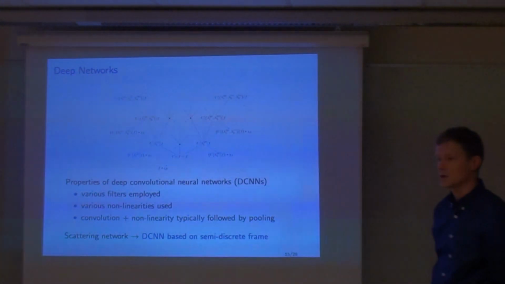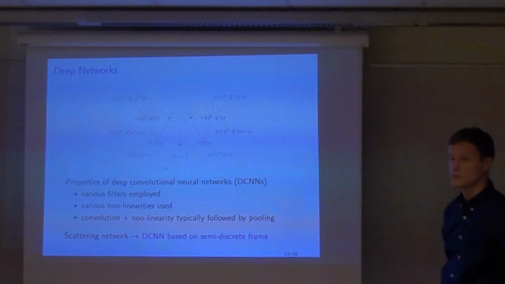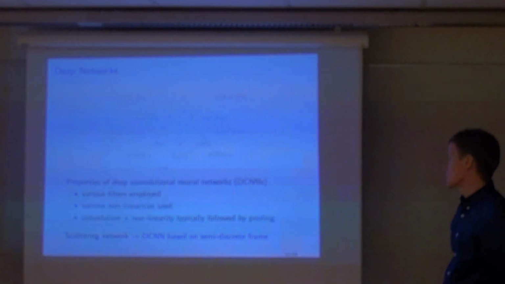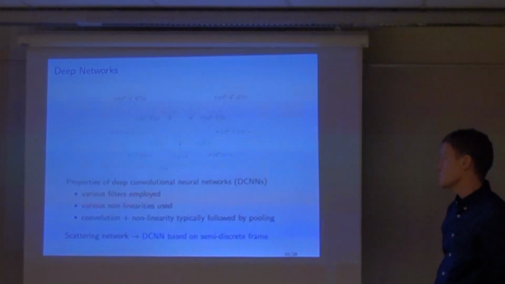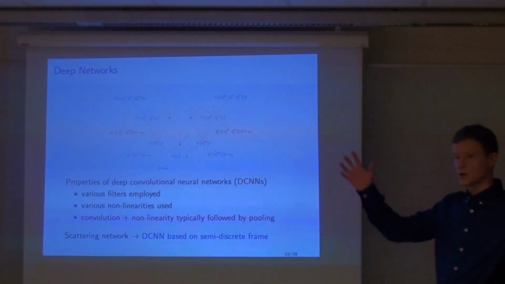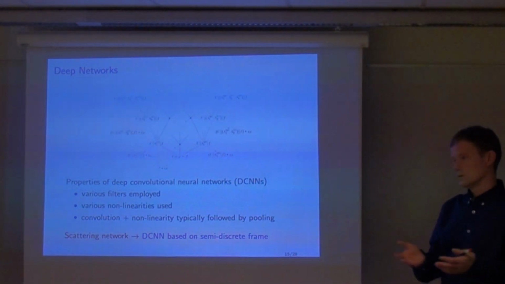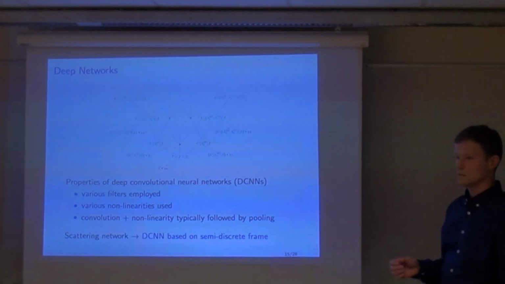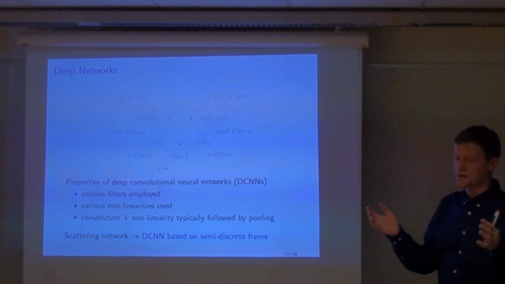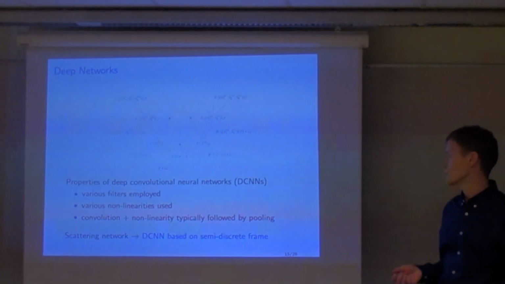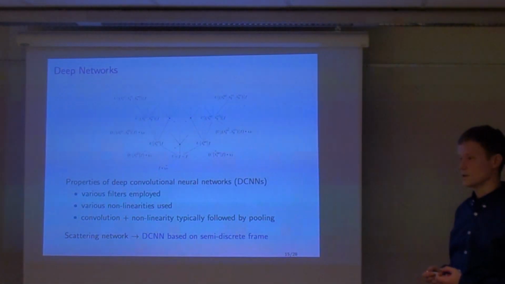You do some filtering, you do some nonlinearity, and then something that we didn't do yet is some kind of pooling. Averaging is a special case of pooling, which is a more general term.